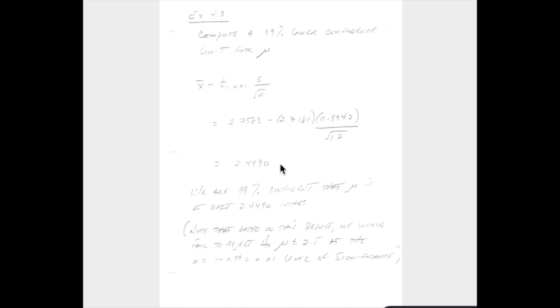The way that we would interpret this lower confidence limit is that we are 99% confident that mu is greater than or equal to 2.449 inches. Now, that's just a little bit below 2.5, and so 2.5 is in the confidence interval for mu.